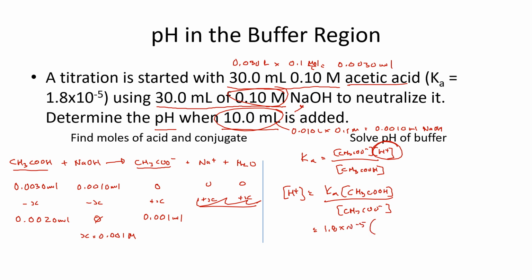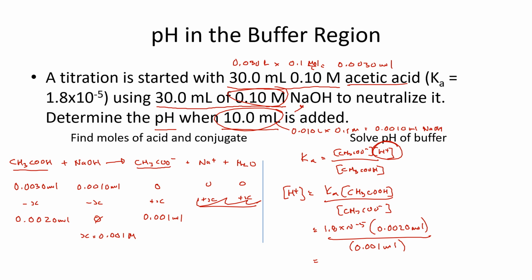The concentration of the acid is 0.002. Well, it's actually the moles, but remember the liters will cancel out, so it doesn't really matter. And then over here we've got 0.001 moles as well. And so what we'll have is double.